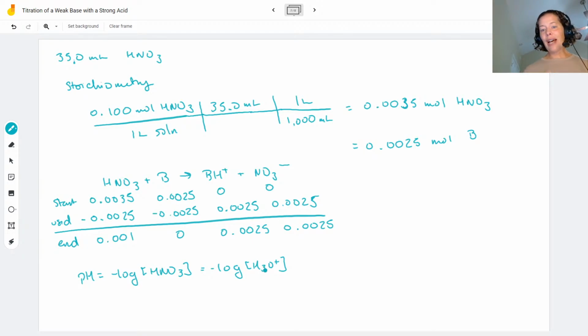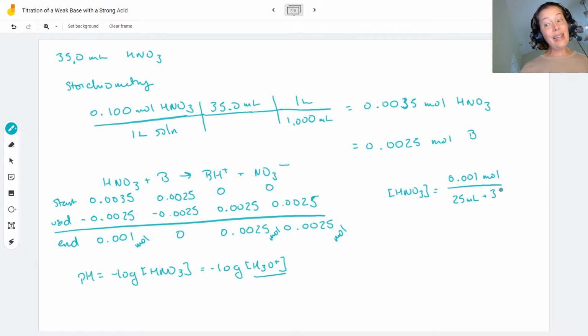So really our last, I would say, difficult or tricky step is to remember that you have calculated moles here. And we need to get concentration to plug into our pH. So I need to get a concentration of nitric acid. All right, I know how many moles I have because I just calculated that with my stoichiometry. What is my total volume? I started with a 25 milliliter sample. I have added now 35 milliliters.